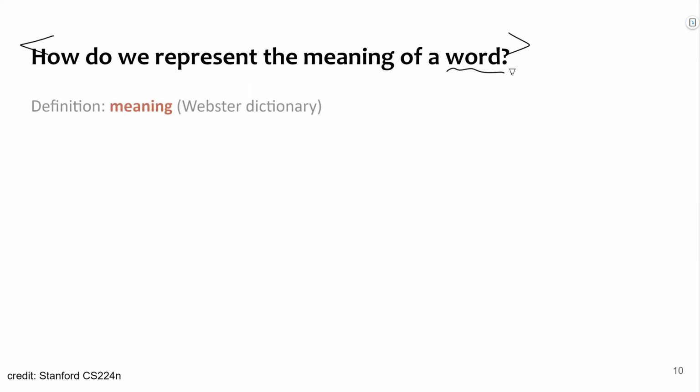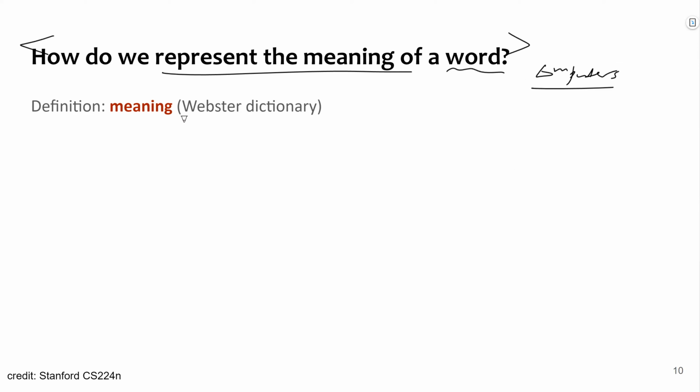And what we want to do is represent the meaning of a word using computers. Therefore, we need to come up with a specific definition of meaning to represent words and meanings with digitized representations, like computer systems.